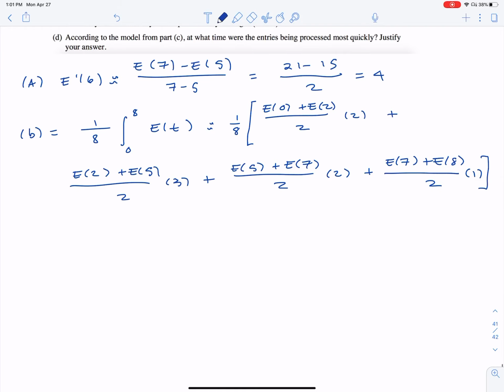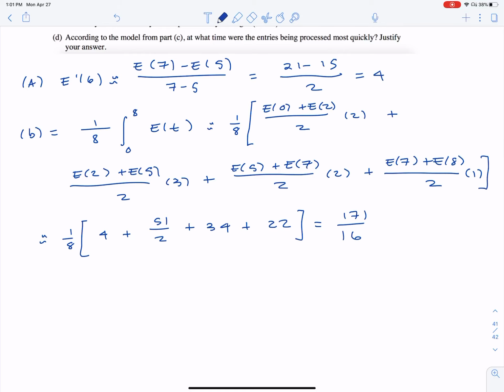So for me, I end up getting approximately 1/8, and I'm just going to simplify the math here: 4 plus 51 over 2 plus 34 plus 22. And that equals 171 over 16.